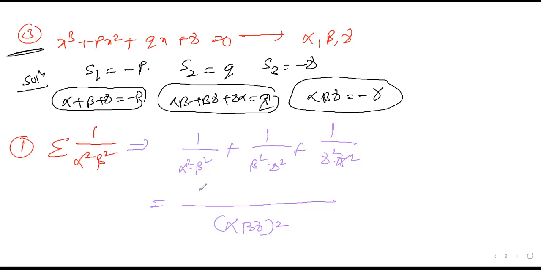On top, what do you get if you open it? Alpha square is missing here, beta square is missing, gamma square is missing. So from this you can write a square plus b square plus c square.